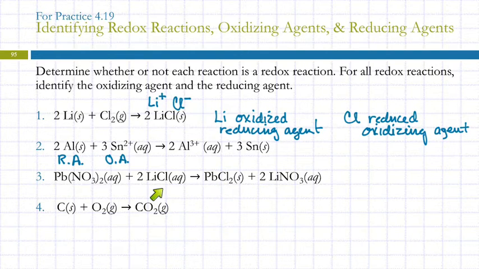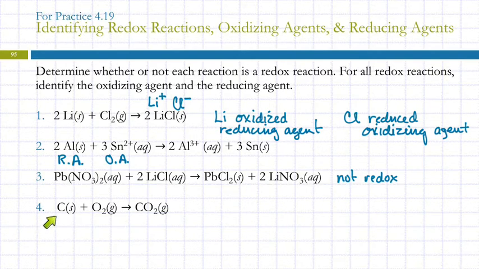This is -1 for chlorine, -1 for chlorine, and the nitrate stays intact. So this is one of those double replacement reactions where the ions exchanged partners, but there is no oxidation reduction. This is not a redox reaction. So then we don't have to identify any agents because there aren't any.